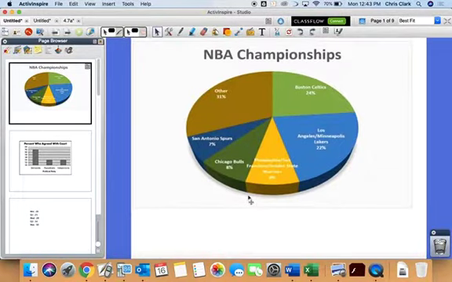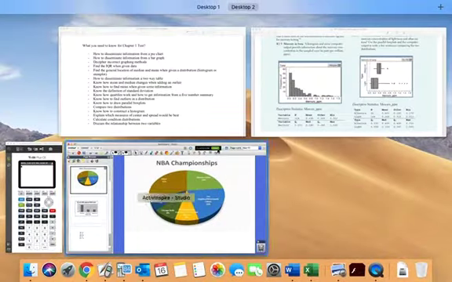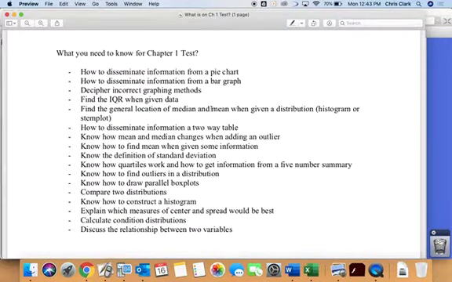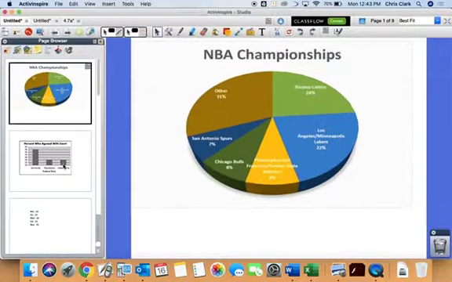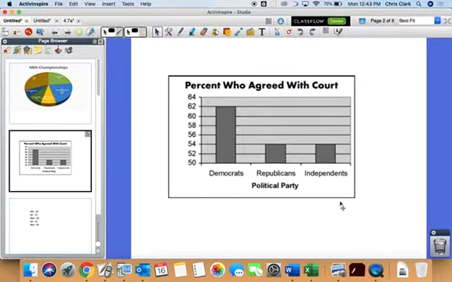You'll be given a pie chart and have to talk about something about that and find the true statement. Another one is how to disseminate information from a bar graph and decipher incorrect graphing methods. So I'll give you a bar graph that might not be correct in the sense that if I start on the y-axis above 0, I'm doing that incorrectly.